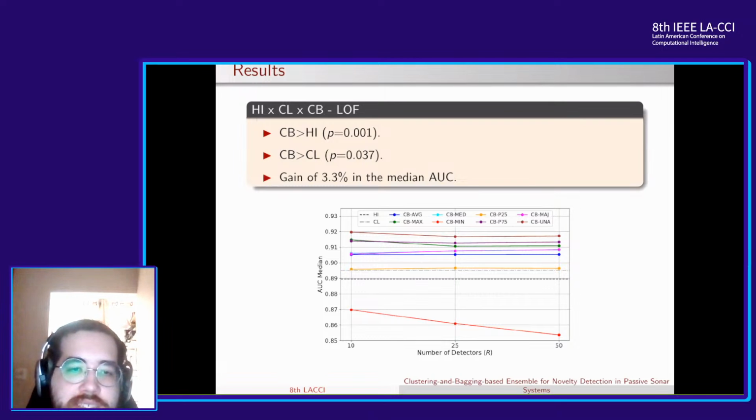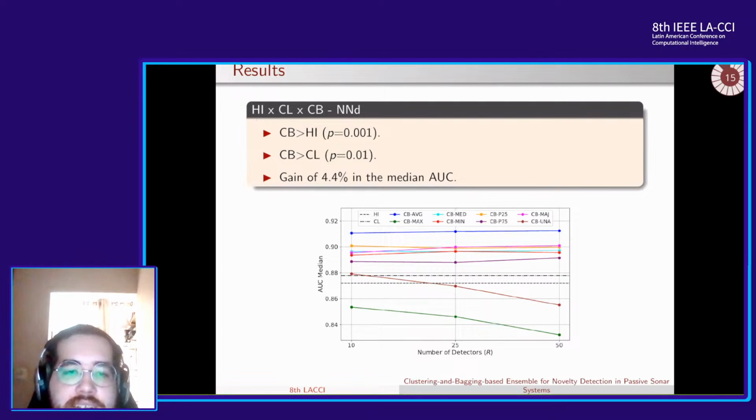For LOF, clustering bagging ensemble clearly outperformed the hierarchical and clustering ensemble architectures, with a performance gain of 3.3% in median. For NND, the clustering bagging ensemble is also better than the other two, with a higher gain over the median of approximately 4.4%.